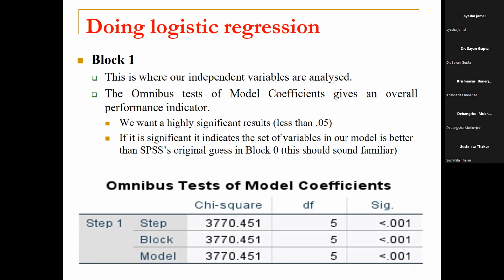After adding the independent variables to the list, they have an impact on the dependent variable. Here we see step, block and model. All these have the same values because we took all the independent variables at a time. We have not defined any block, so block and model are the same.